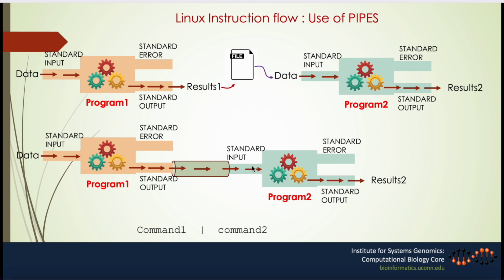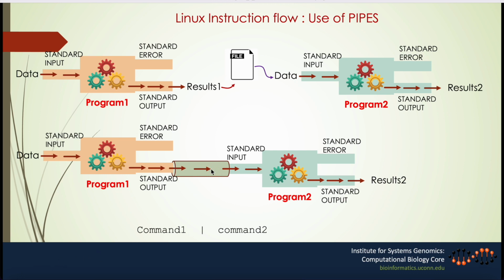This way you can have multiple commands connected. I can have another pipe connecting to the third, fourth, and fifth command, so the output of the first command goes into the second, and the second into the third, and so on. So we can combine multiple steps into one single line of code.